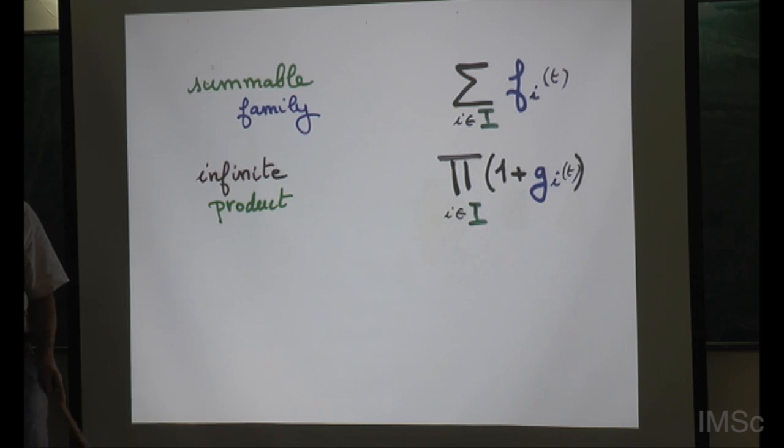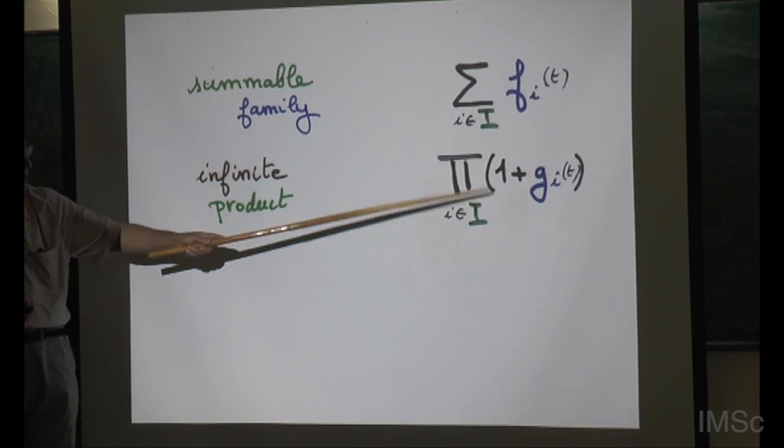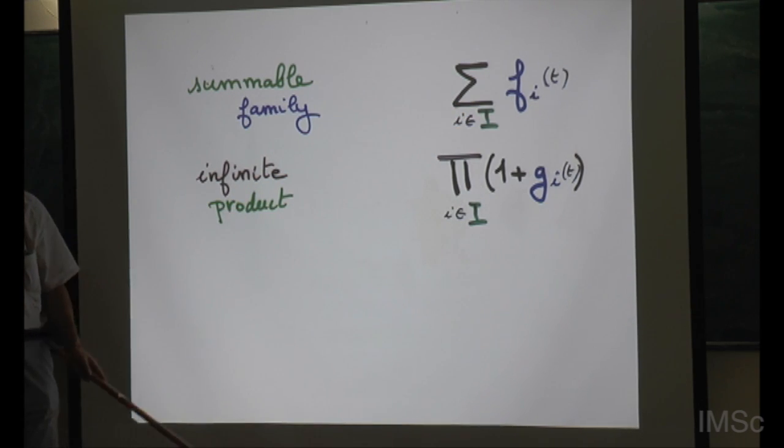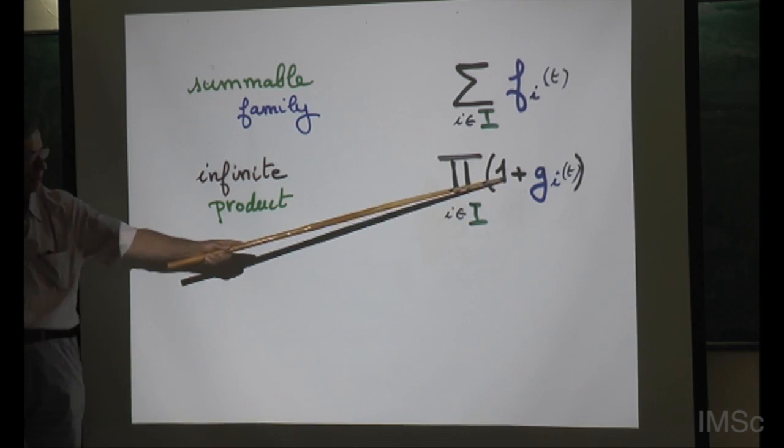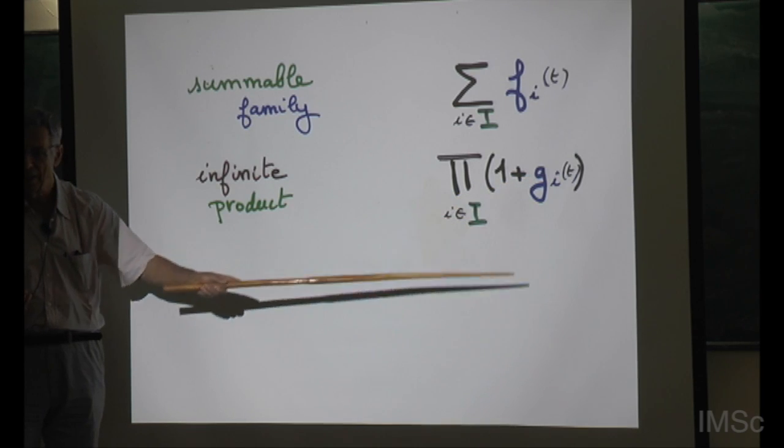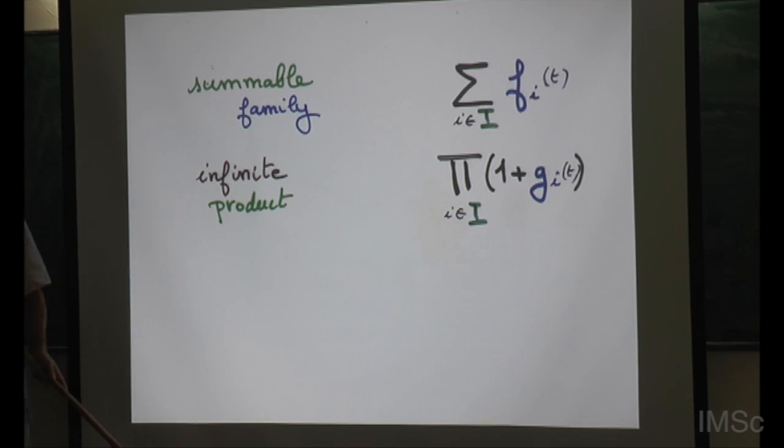So it's very analogous to a summable family. This is possible if for any n, the coefficient of t power n is the sum of products of these g_i, and I suppose that all the indices i contributing to t power n are finite, and give you the coefficient of t power n.